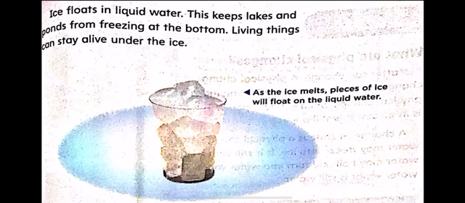So ice floats, right? Ice floats in liquid water. This keeps lakes and ponds from freezing at the bottom. As the ice melts, pieces of ice will float on the liquid water. So why does ice float?